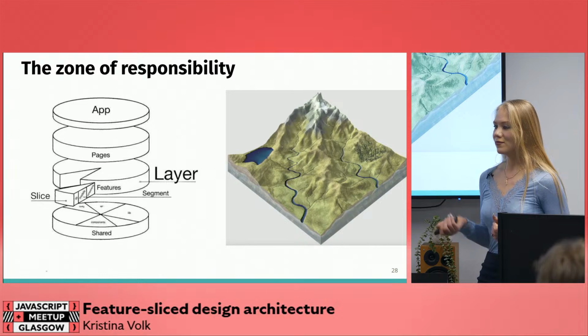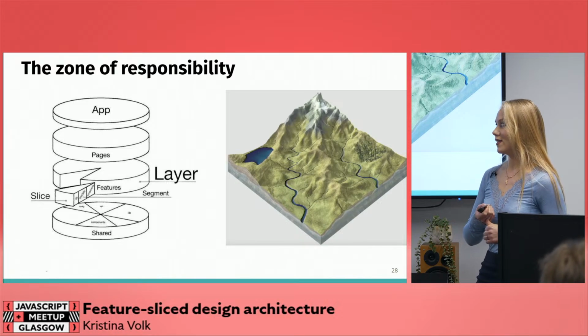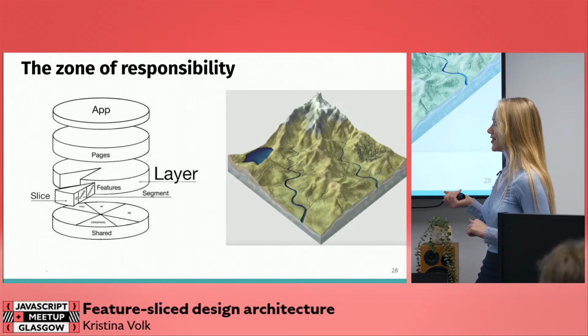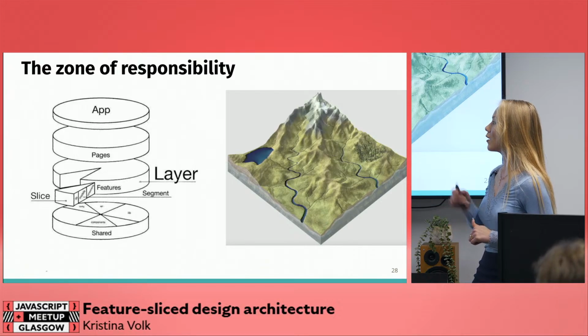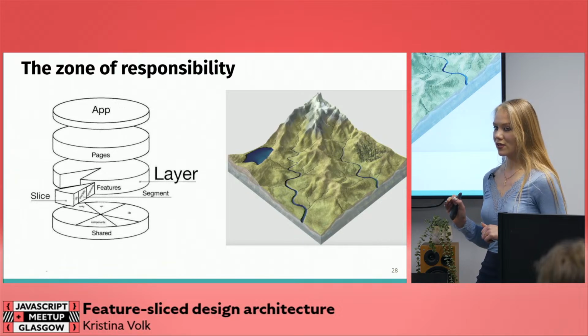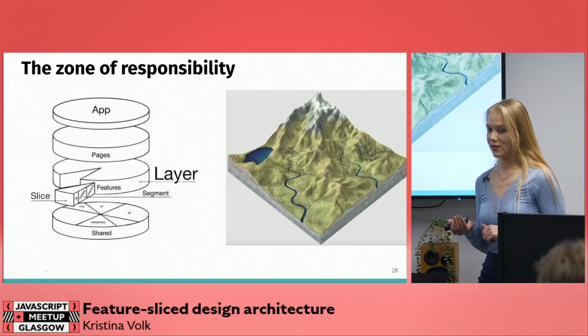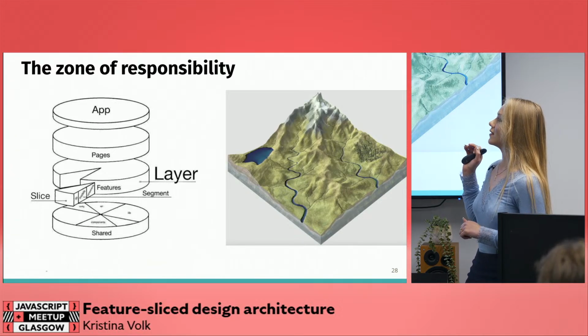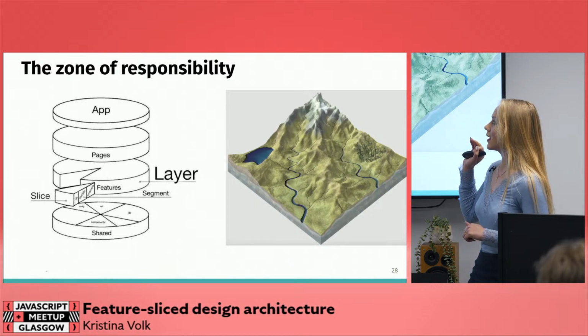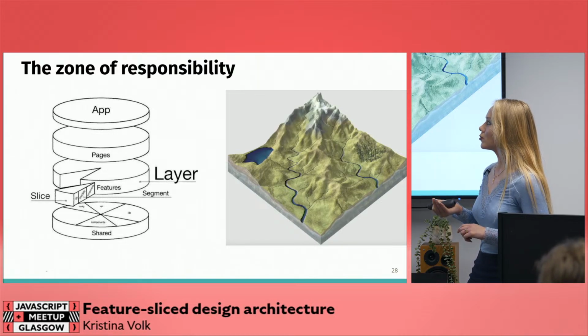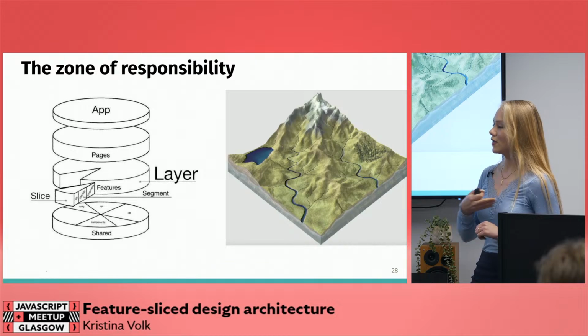The same is actually happening in the architecture Feature-Sliced Design. We've got our layers, and they are different from each other by the scope of responsibility. Something located on the highest level is very responsible because it knows a lot.